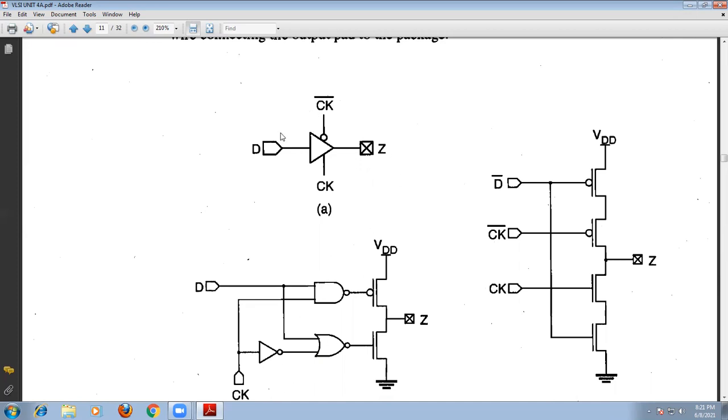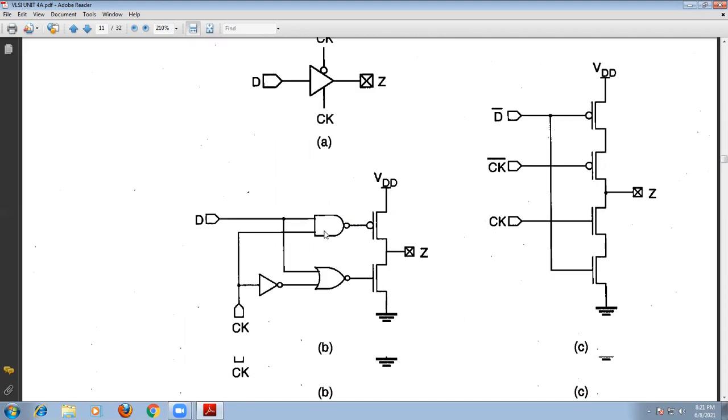Now observe here, this is the input and this is the output, this is the clock bar and this is the clock signal. Clock and clock bar are the same signal, so we can consider a single input. In this case, the output circuit consists of a NAND gate and a NOR gate, and the outputs of these NAND and NOR gates drive the output transistors.